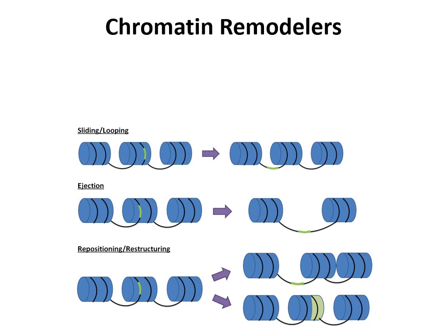Now the other type of molecule or proteins that help to move around that chromatin structure are chromatin remodelers. Now when we talked about HATs and HDACs, those modifying enzymes were simply loosening or increasing the attraction of the DNA to the histone proteins.